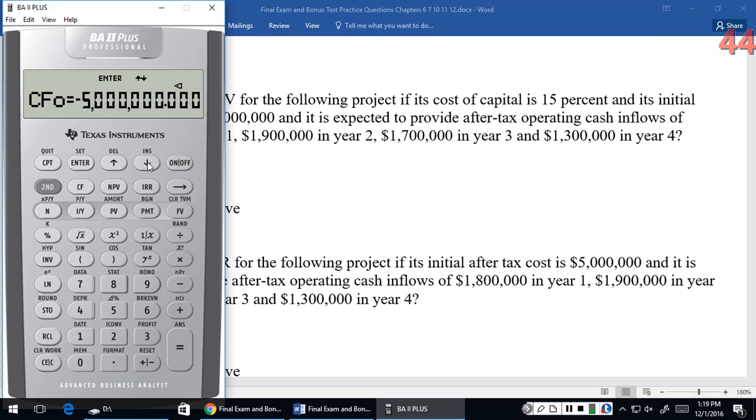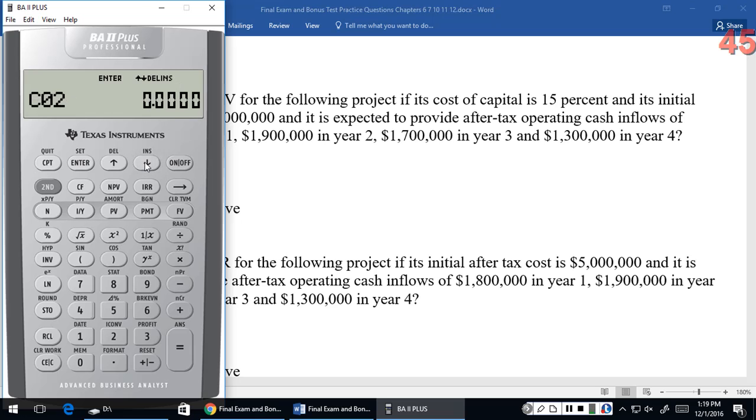Now, if I press my down arrow key, I can just start entering the cash inflows when they occur in years 1 through 4. So year 1, it says we're expected to have 1.8 million. So 1,800,000. I'll press the enter key to lock it in. The down arrow, the frequency is 1, which is correct.